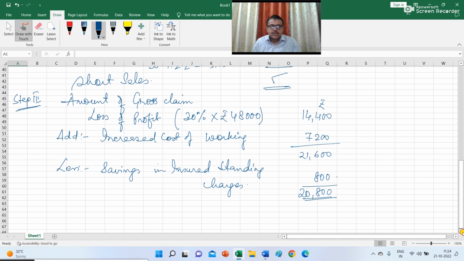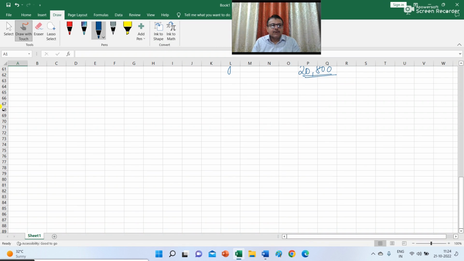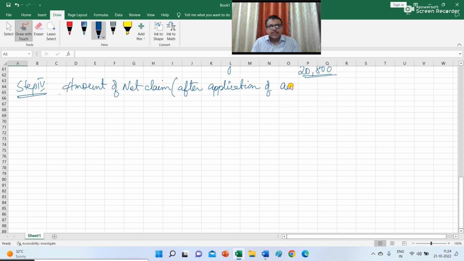Now the fourth step, you have to compute. So in step number 4, you need to compute the amount of net claim after application of average clause. So what we are going to calculate here is the amount of net claim after application of average clause.